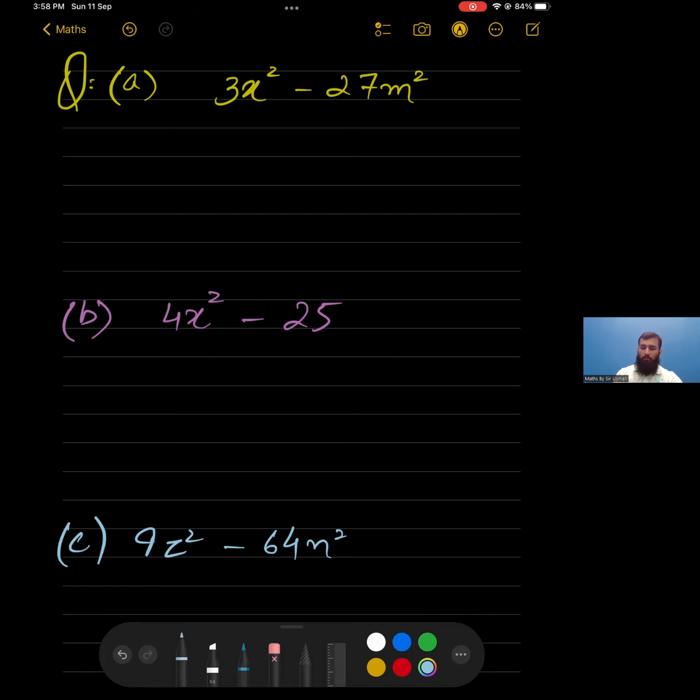Okay, so we have the first one solved already, which is giving answer as 3x minus 3m and x plus 3m. Perfect. Okay, very good. Now move on to the next one.